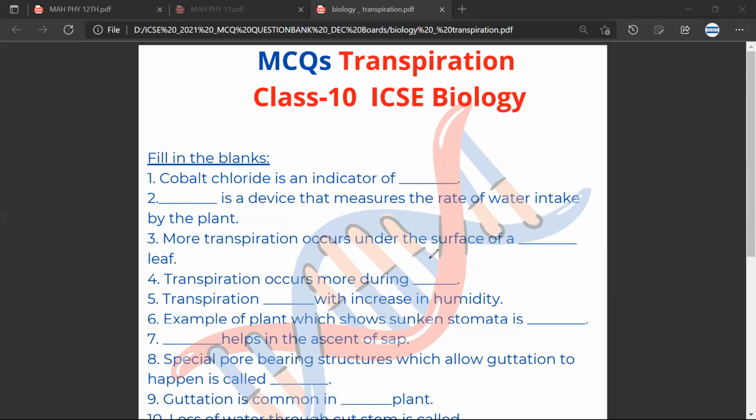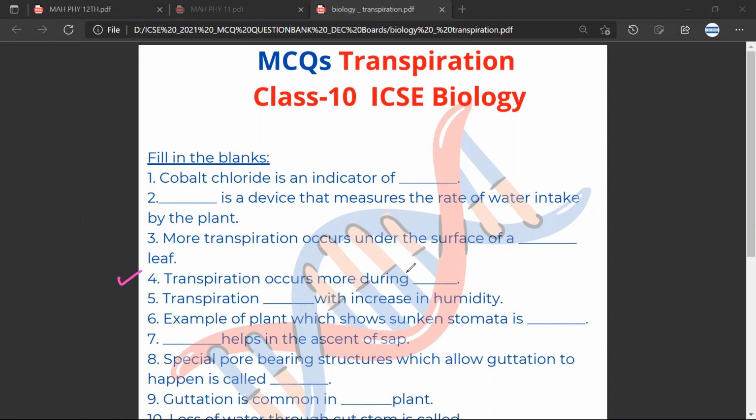You will see dicot leaf written there. More transpiration occurs from under the surface of a dicot leaf. The reason is also mentioned. There are more stomatal openings on the undersurface of a dicot leaf, and therefore more transpiration occurs from the undersurface. Okay.